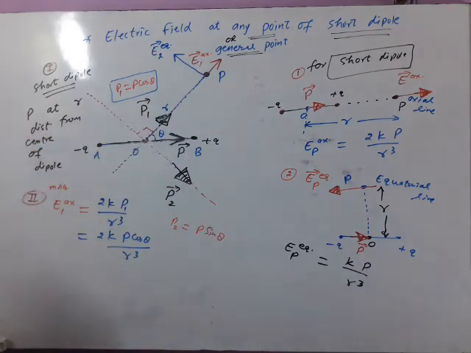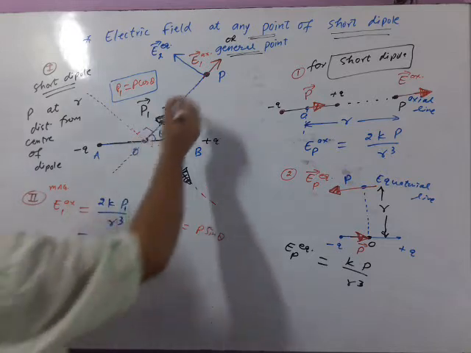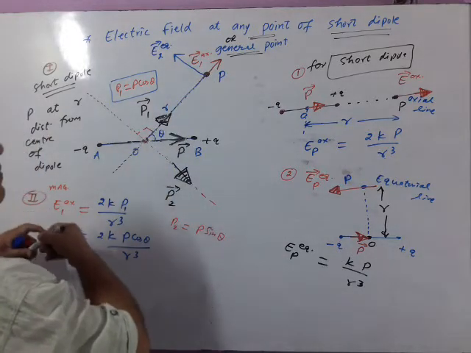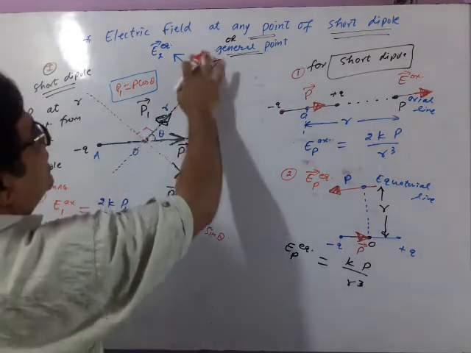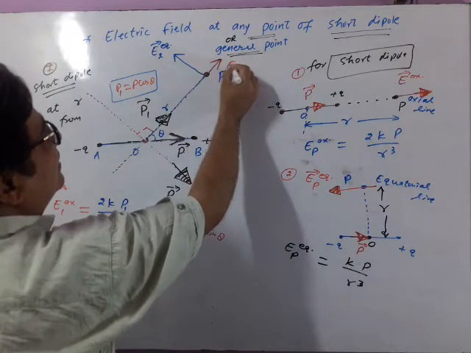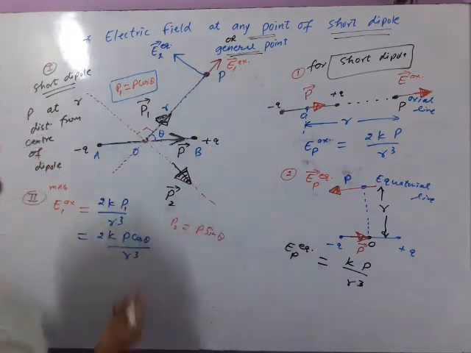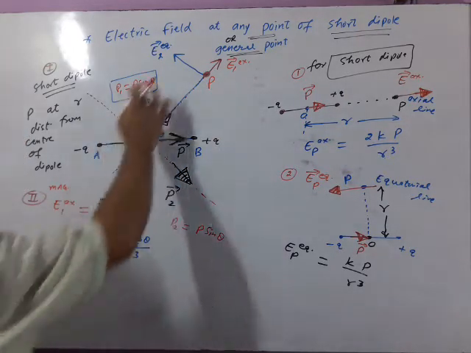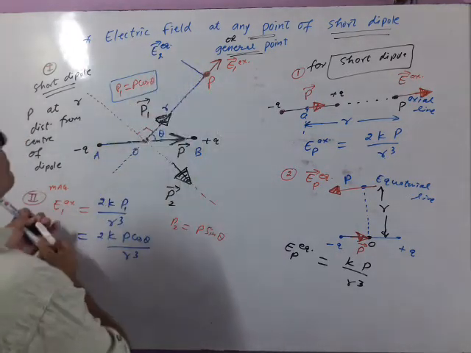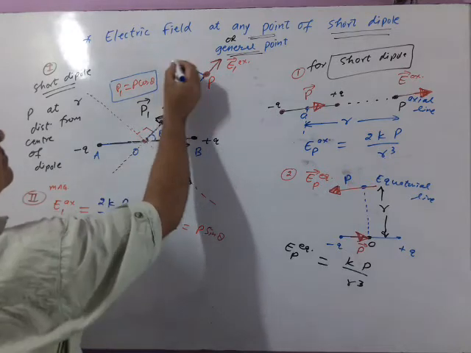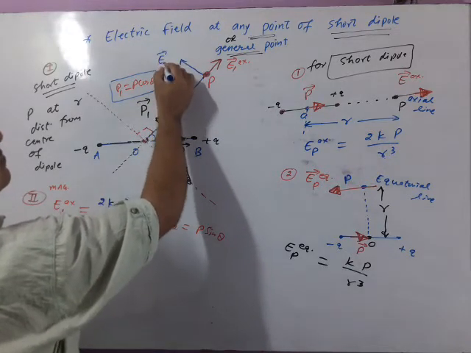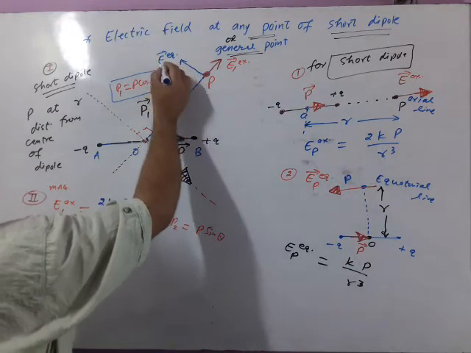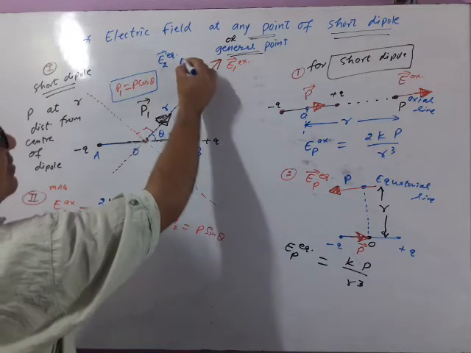See, this red one is E1 axial. We are writing it here, a little bit here. E1 axial. This is our concerned point, right? So this is the E2 vector. This is the equatorial point.